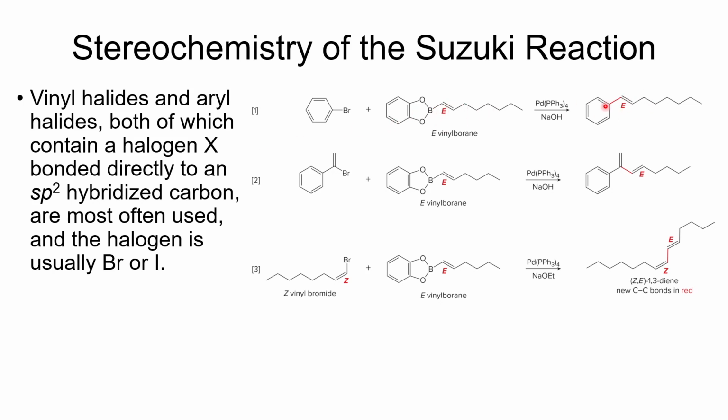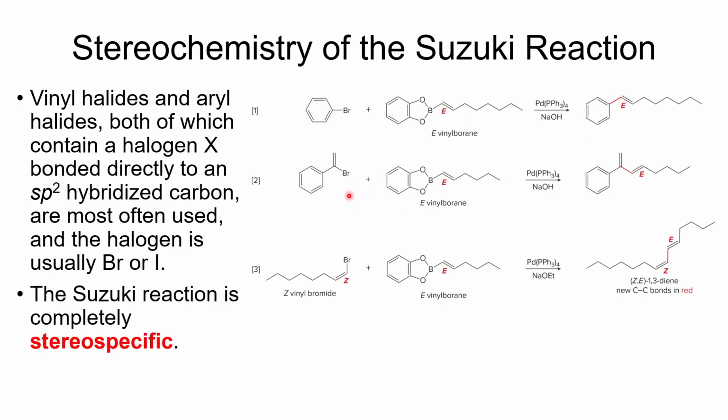If it's E here, it'll be E in our product. So we'll make a new bond between this carbon and the carbon on the aromatic ring, and our stereochemistry is retained. In this particular case, we've got this carbon, and again, we've got this E stereochemistry in our organoborane. That E stereochemistry is retained.